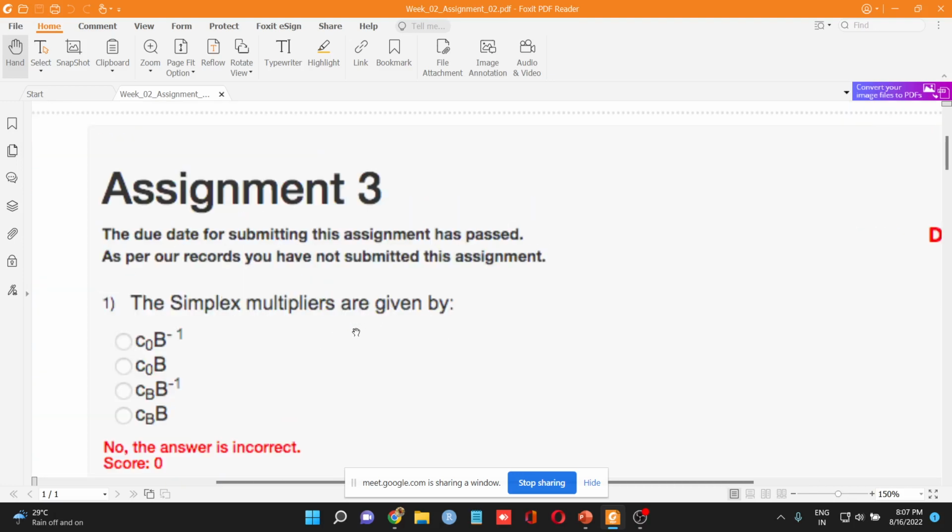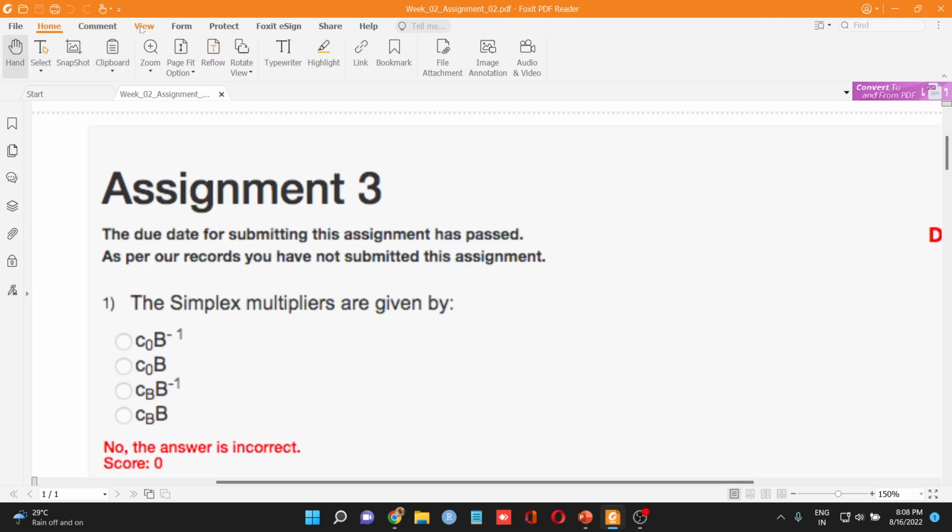Okay. Here are the questions. Just see whether you know them or not. The question is, the simplex multipliers are given by what? CB B inverse.